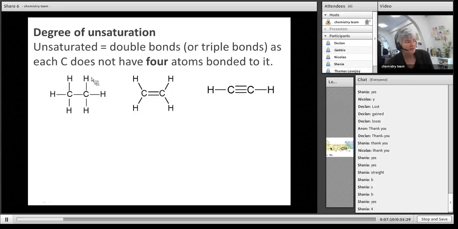So here's an example of an alkane, and an alkene, and an alkyne. I have got how many carbon atoms in each case? 2. Great. Okay. However, in the alkane, I've got 6 hydrogens.